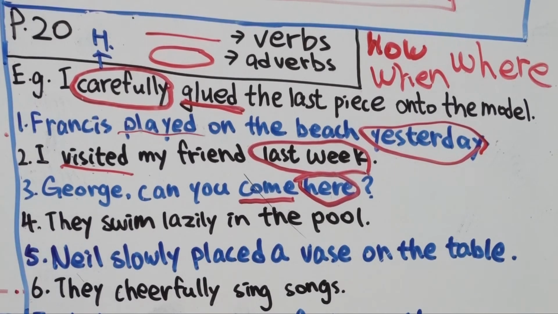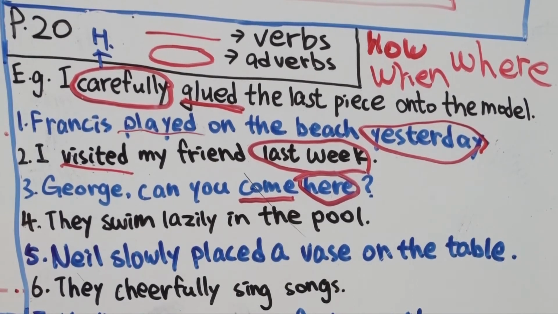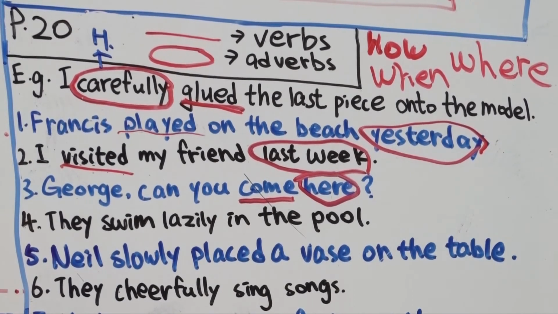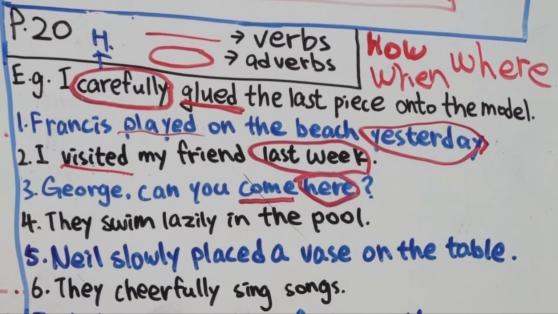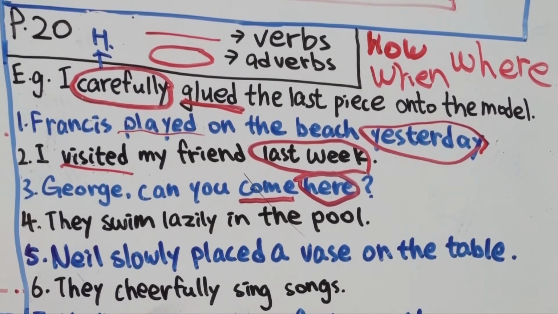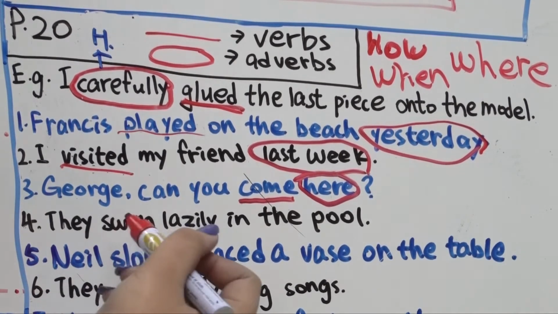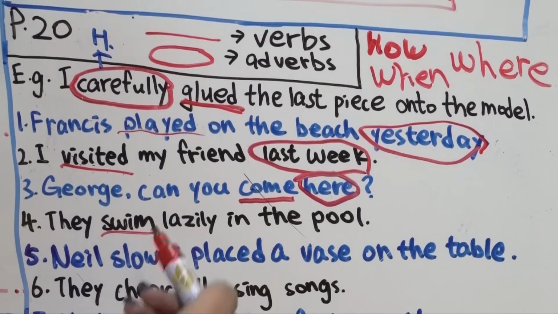Number 4. They swim lazily in the pool. The subject is they. Which one is the action here? Swim is the action. Good job. You got it. So you underline swim because it is the action.